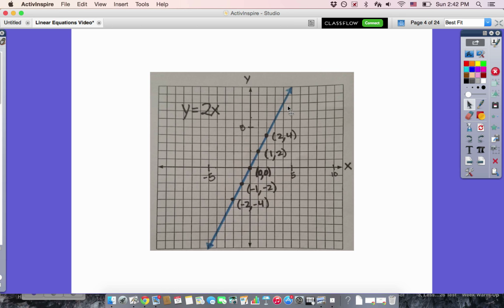Okay, so what I want you to do is take a moment and find the slope to this line. Okay, how would you do that?